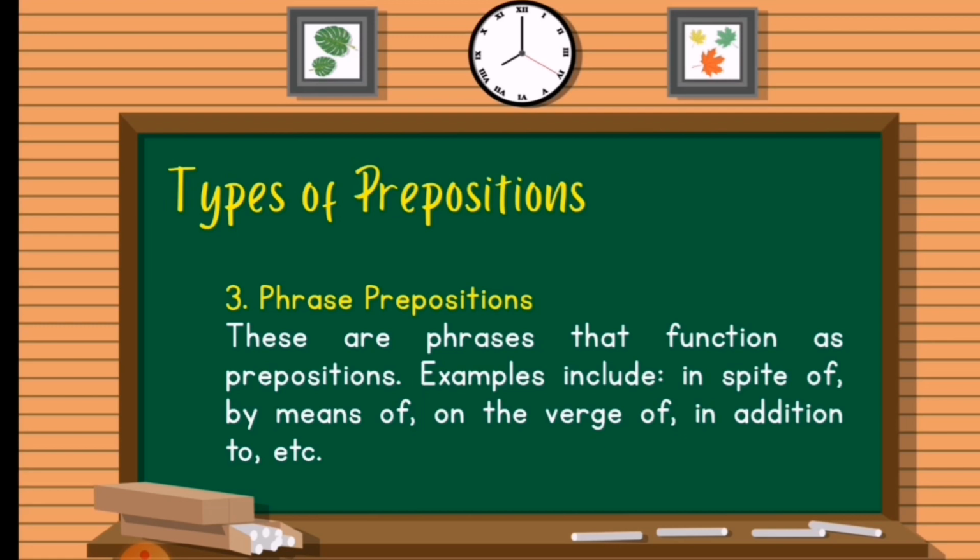So the examples of phrase preposition that we can use in a sentence include in spite of, by means of, on the verge of, in addition to, etc. So like for example, in addition to what the teacher said in his class. So the phrase preposition that we use in that sentence is in addition to.